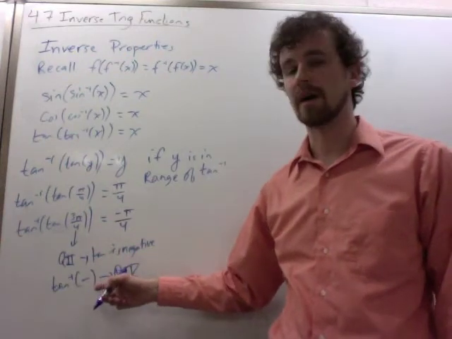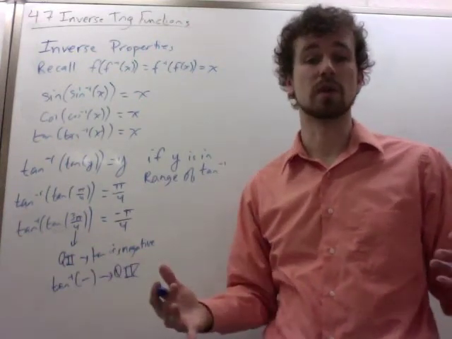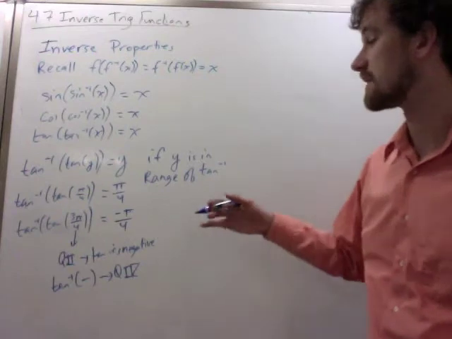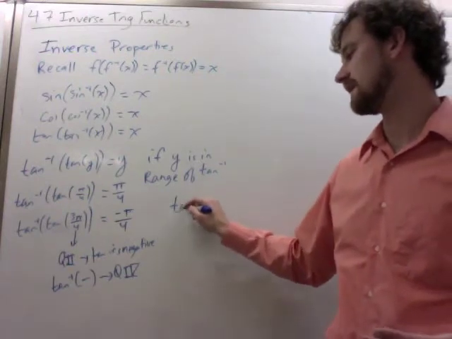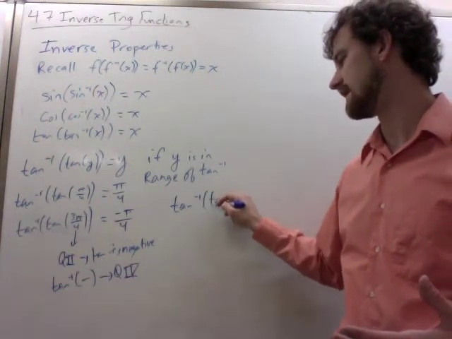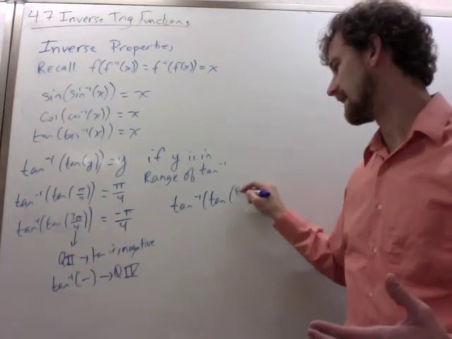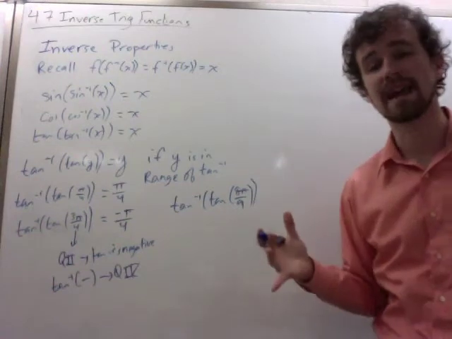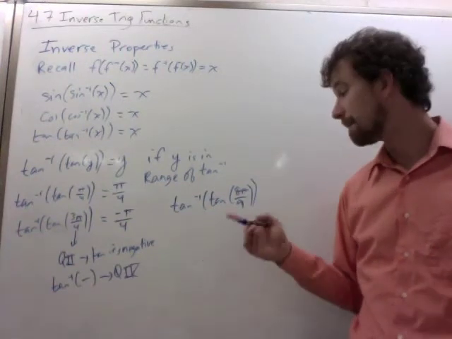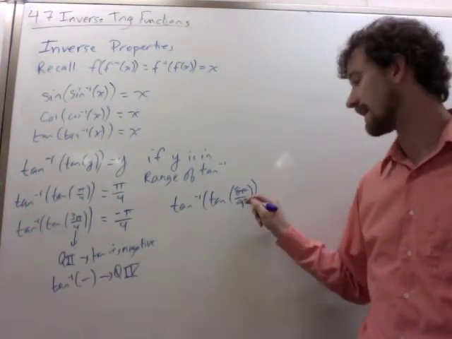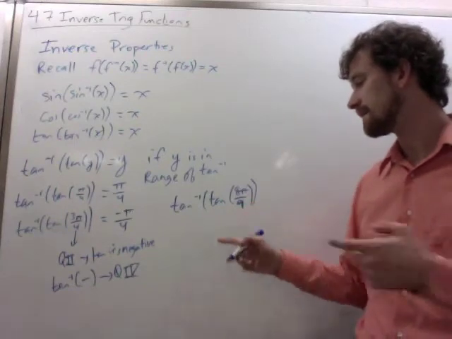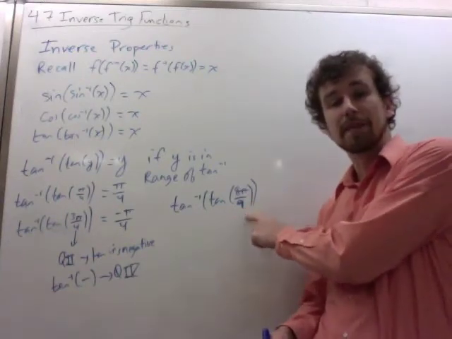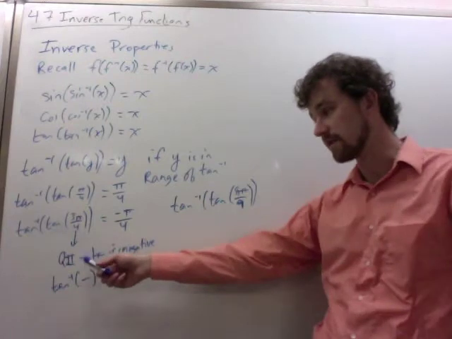But we should also know how it translates from quadrant to quadrant, because I could ask, what is the inverse tangent of the tangent of 8 pi over 9? Now 8 pi over 9 isn't an angle that we know trig functions of, but we could still evaluate this without our calculator, because we can figure out that 8 pi over 9 is in quadrant 2.